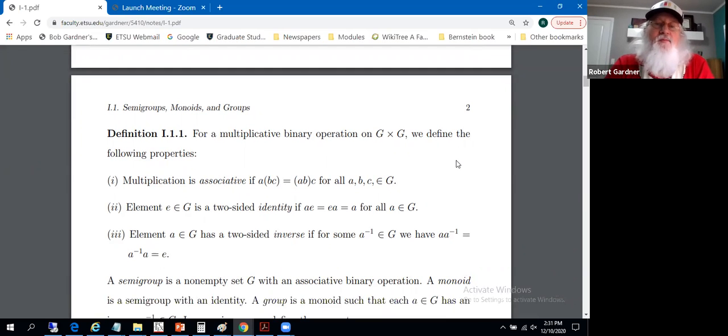For a multiplicative binary operation on the Cartesian product of G with itself, define the following properties.